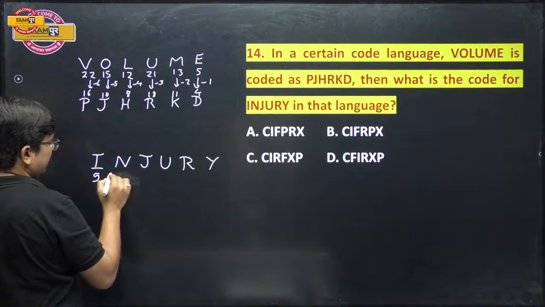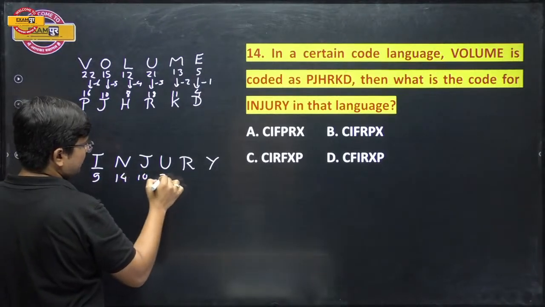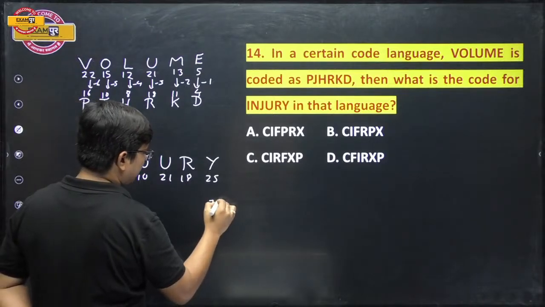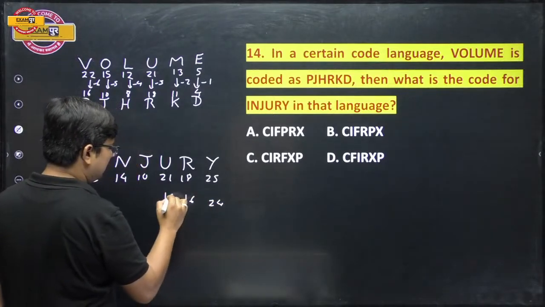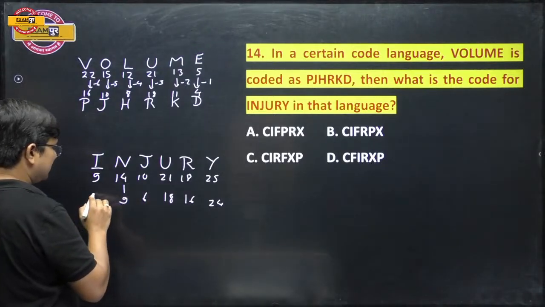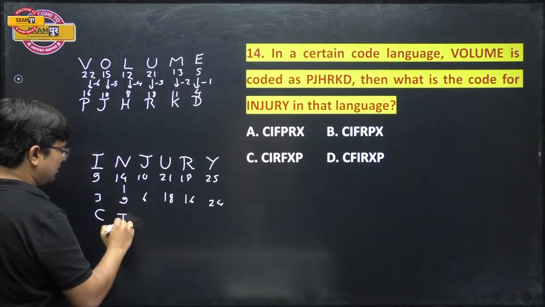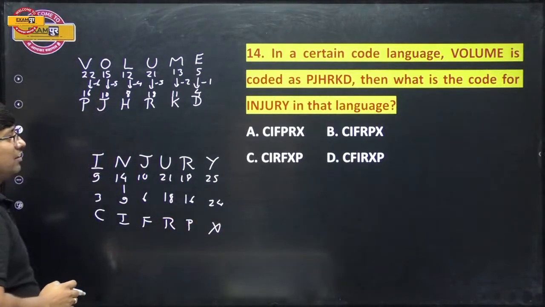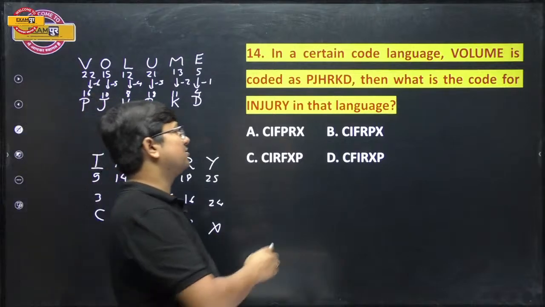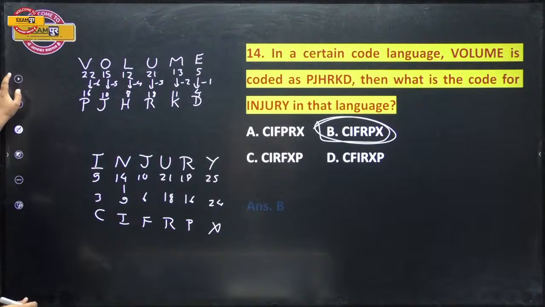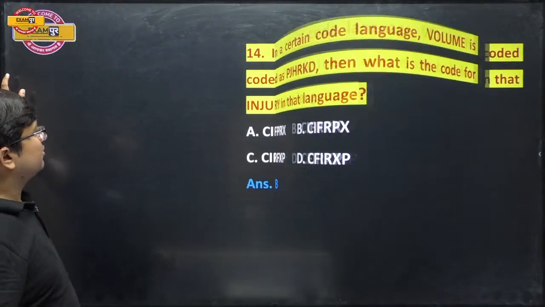So here also 9, 14, 10, 21, 18, and 25. Here -1 will be 24, -2 16, -3 18, -4 6, -5 9, and -6 3. So what is this? CIFRPX. Okay, answer is option number B. All right, everyone. Okay, next.